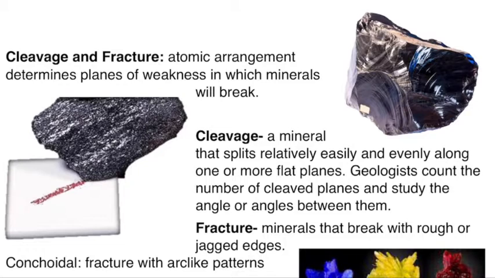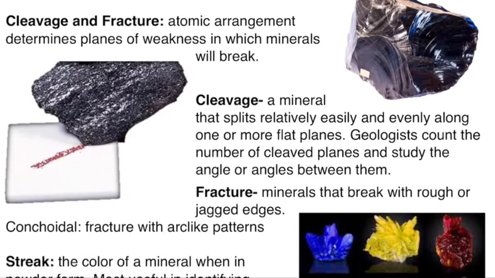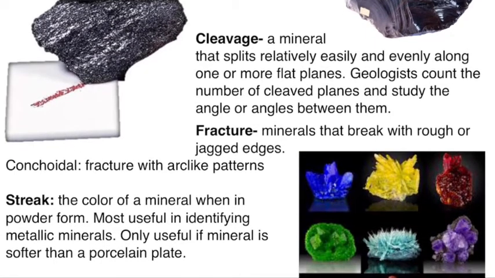And that's called cleavage. Cleavage is where it splits along a weakened part. Fracture is when it's about the same in terms of how easy to break, and so it actually breaks very jagged and rugged, like you would imagine many rocks.